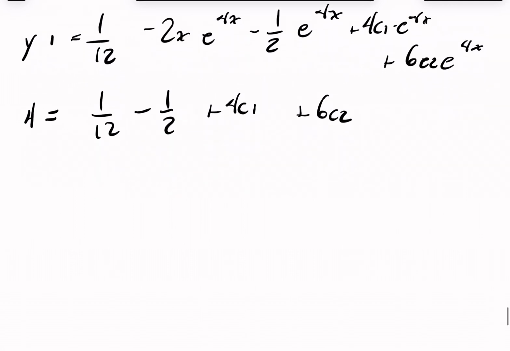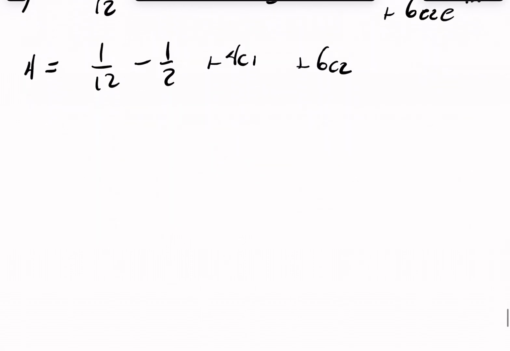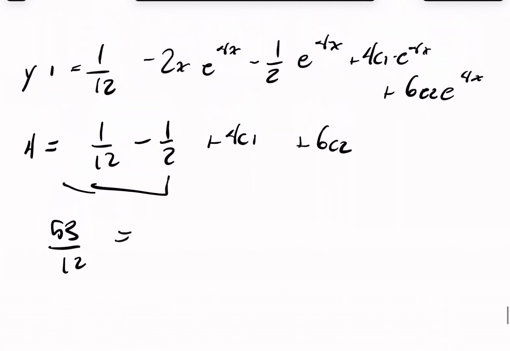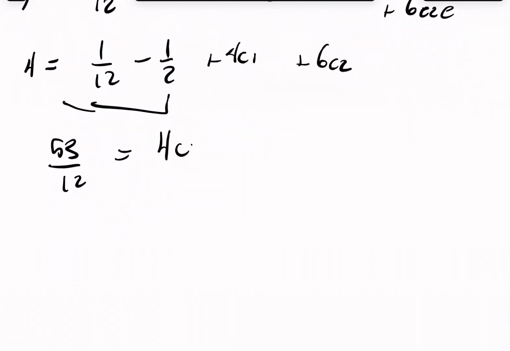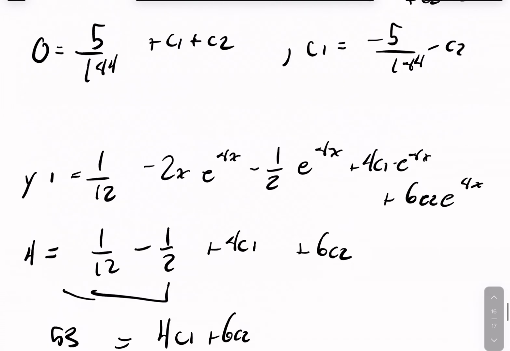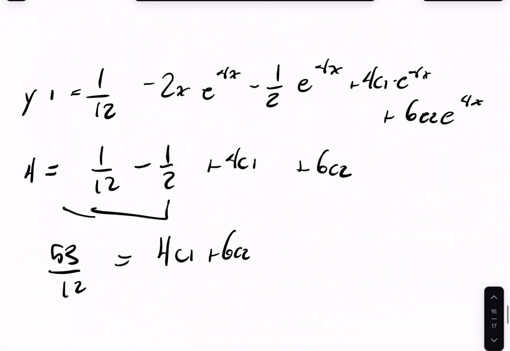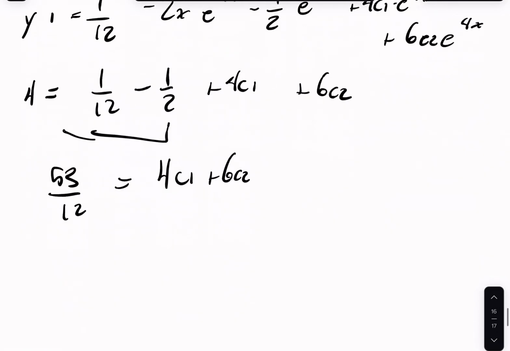Okay. And then continuing on, we bring all of these terms over. We're going to get 53 over 12 equals 4c1 plus 6c2. Okay, and then we're going to expand the c1 in.